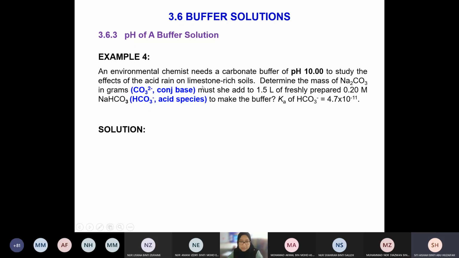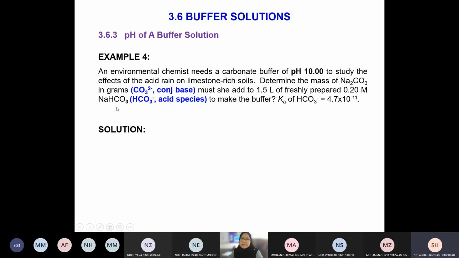So this is an example that shows that other than pH, you can also be asked to calculate the mass. See? They have given the pH, so you have to calculate the mass of sodium carbonate. So what is the mass of sodium carbonate? This is the conjugate base, the salt, that must be added to 1.5 liters of freshly prepared 0.2 molar sodium hydrogen carbonate.